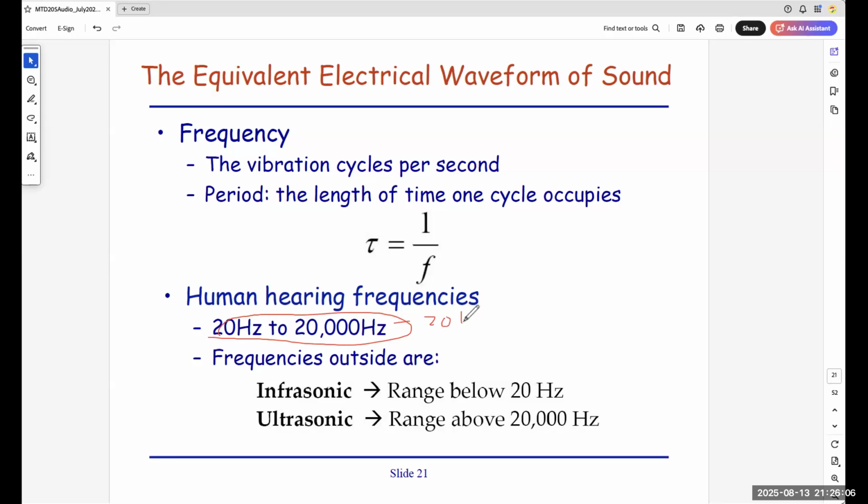So within a second, there are 20,000 sine waves. That's for humans, 20 hertz to 20K. Anything not within this range, you cannot hear. That will be the animal range, unless you are superhuman, like Superman, Superwoman. That's a different thing. If not, the rest will be the animal range already.